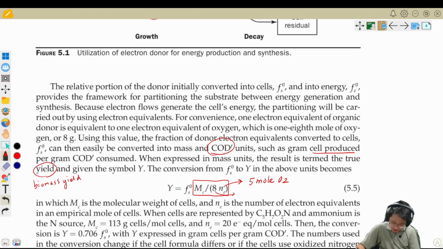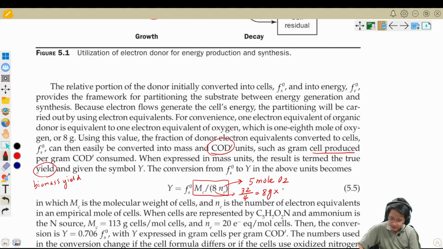By converting one molecule of oxygen, we will require 4 electrons. So basically, the equivalent weight we can calculate is 32, the molecular weight of oxygen, divided by the 4 electrons, which means 8 grams as the equivalent weight.